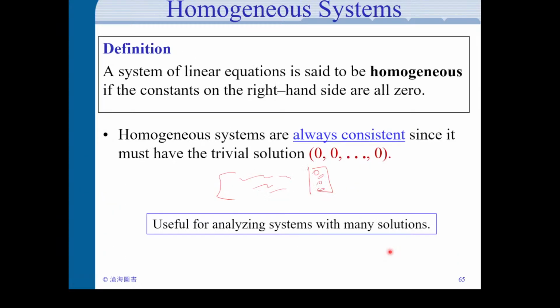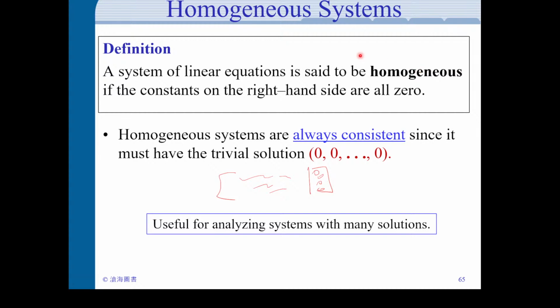Then we have a homogeneous system. A system is called homogeneous if the right hand side is all 0. It is a system of linear equations, and you think about its augmented matrix. If everything to the right of the straight line is 0, then that system is called a homogeneous system.